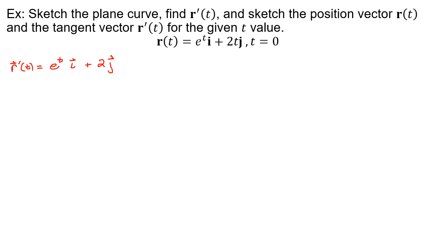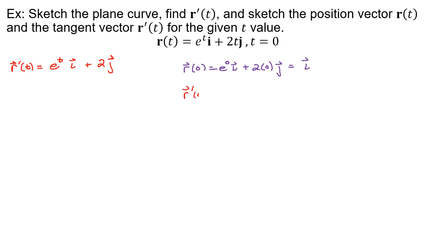And we're plugging in t is 0, so r of 0 is e to the 0 i plus 2 times 0 j. Well, e to the 0 is just 1, so I just get i, and 2 times 0 is 0, so the j part just goes away.